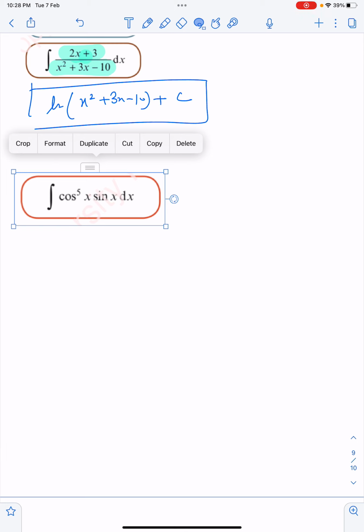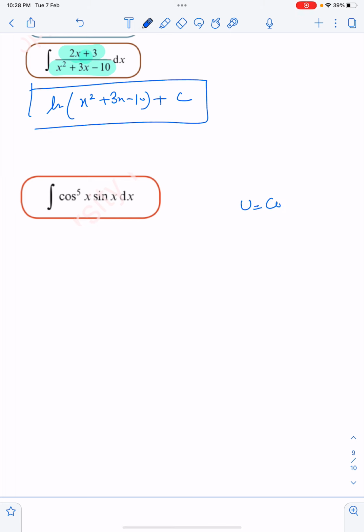If I take u equals cos x, u dash, meaning du by dx, is going to be negative sin x. If I make dx the subject, it will be du upon negative sin x.